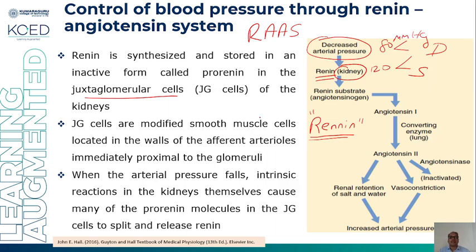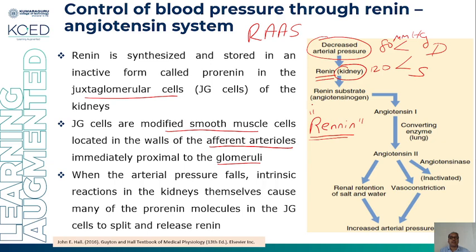Juxtaglomerular cells, which are modified smooth muscle cells distributed very close to the afferent arterioles of the glomerulus. They are located in the afferent arterioles, very close to the glomerulus. So the juxtaglomerular cells play a major role in secreting this renin.